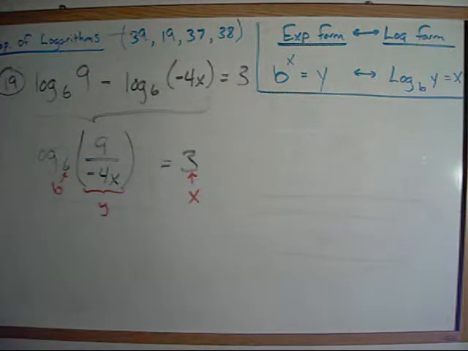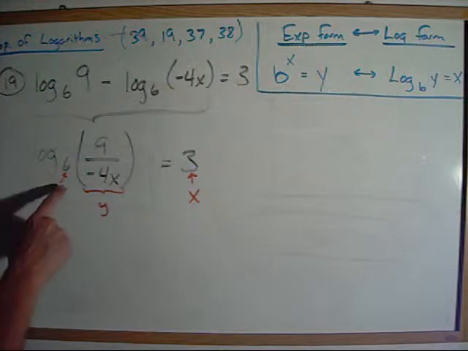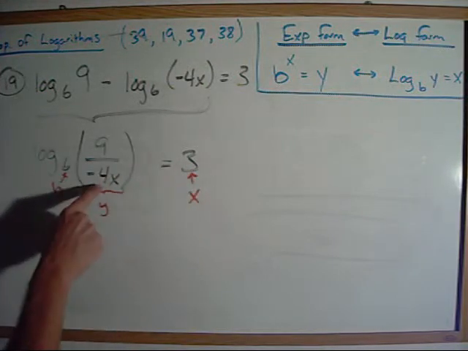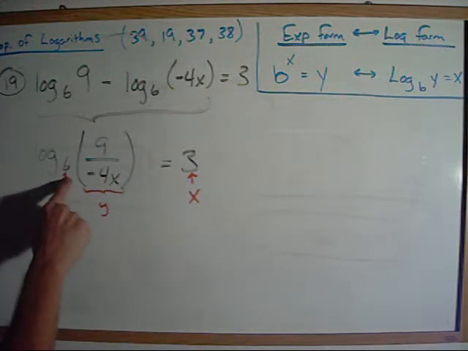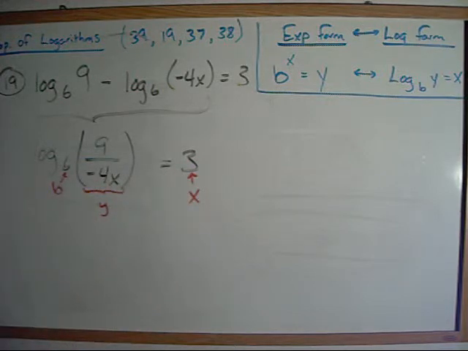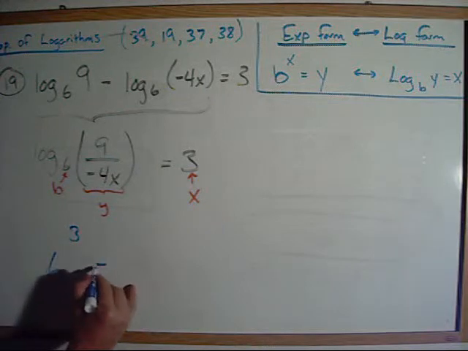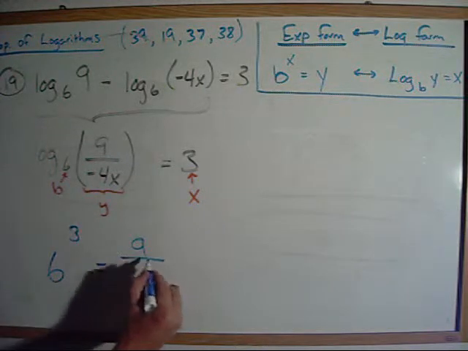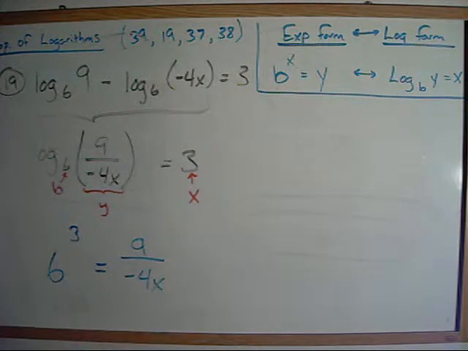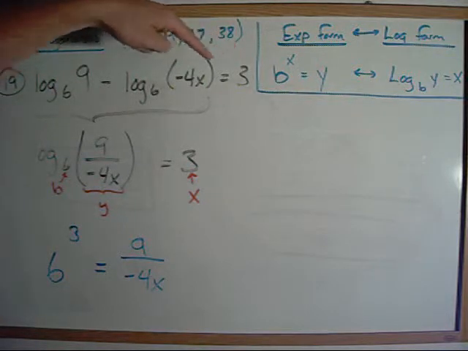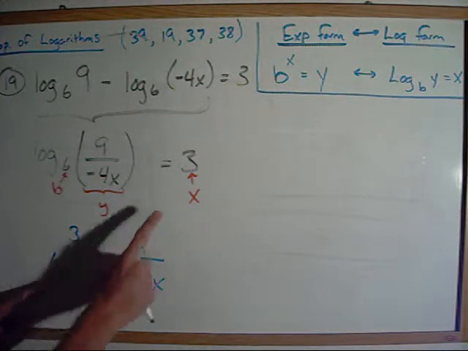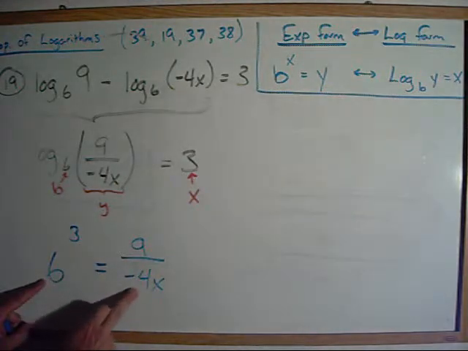After you get used to this, what I think of is this base to that power equals this. That's the pattern. This base to that power equals that. So let's write that down. That base to that power equals that thing. Just to make sure everything lined up, b is our base, x is that power, and y is on the other side.